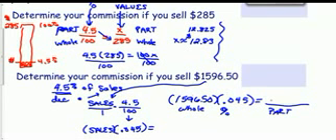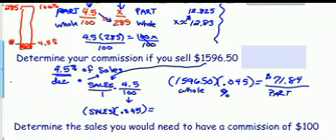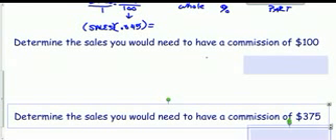And in this case, when I multiply it out and then I round to the nearest penny, I get $71.84 as my amount of commission when I sell $1,596.50 worth of items.